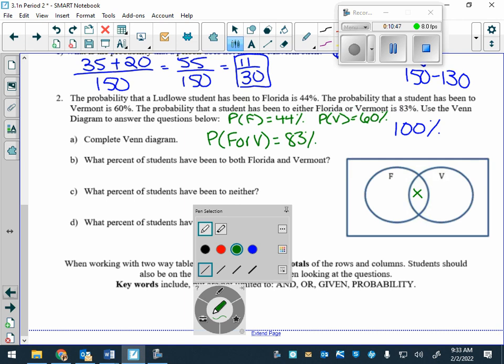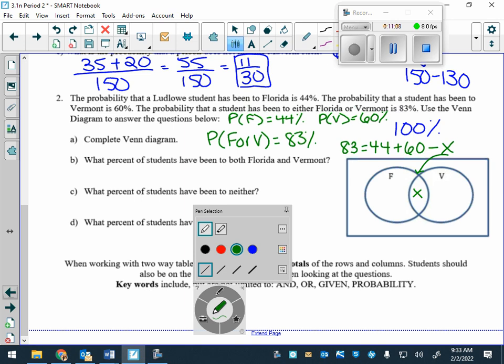We know 83 equals 44 plus 60 minus, let's say, the x, because the x represents both.